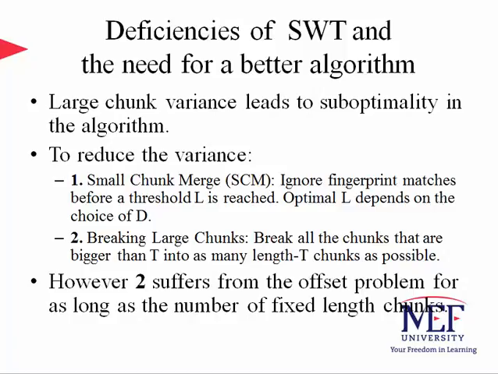And we can verify mathematically that a small modification to a file, when we rerun the SWT algorithm, will lead to a big first affected chunk. In other words, the first affected chunk will turn out to be a large chunk, and that eventually increases the amount of information to store or transmit depending on what your application is.